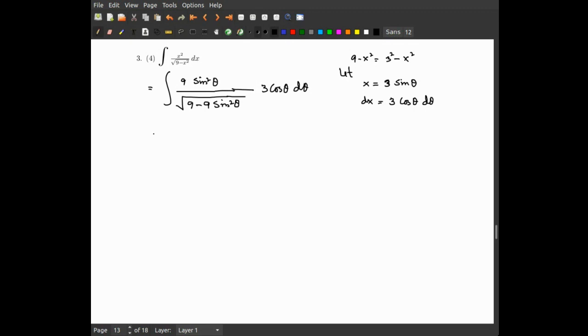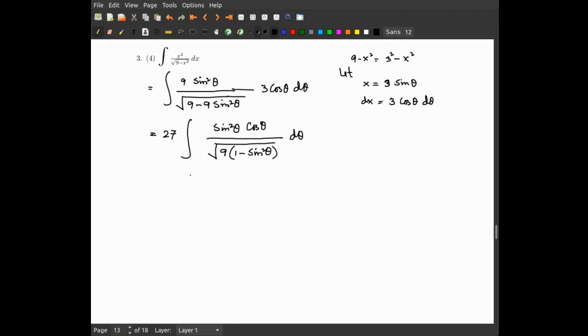Now let's take this whole value 9 and 3 outside. So 3 times 9, that is 27. In the numerator, we have sine squared theta and then cos theta. On the denominator, if I take out that 9, then I can see it's 1 minus sine squared theta.